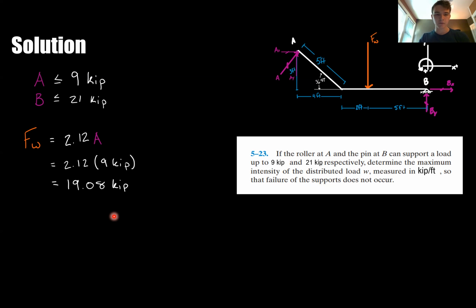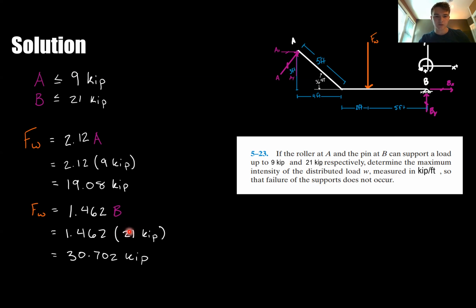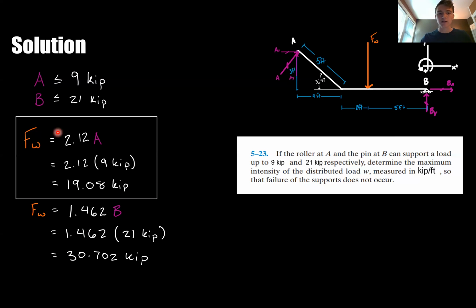All right, and we need to do that for B just to check. And if we plug in B's 21 kips, that's going to be 30. So FW is much larger if we do the maximum of B, which means the maximum value FW can possibly be is this 19.08 kips. And that's because if it was any greater, A would fail. The supporting force would be greater than 9 kips and A would fail.